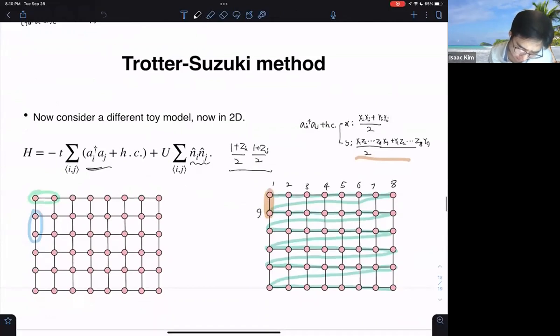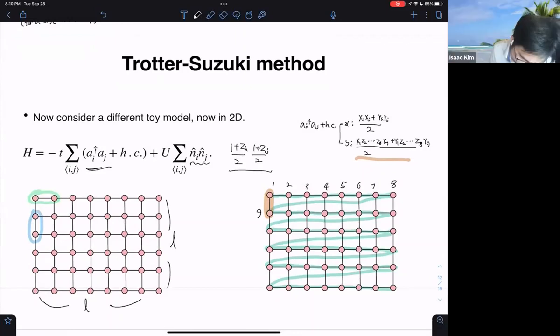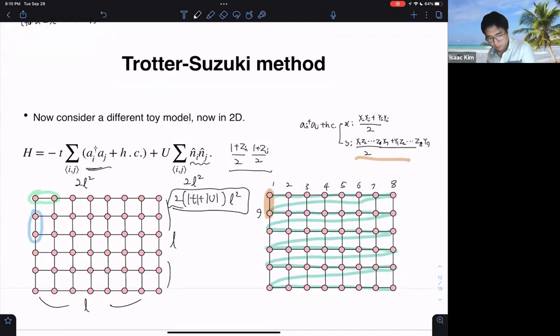Let's say this is an L by L system. Then there will be a total of, I believe, 2L squared such terms and also 2L squared such terms. So in this case, the thing that you would subtract would be the absolute value of T plus U, times 2L squared. So even without solving the problem, you can subtract this thing. I see.